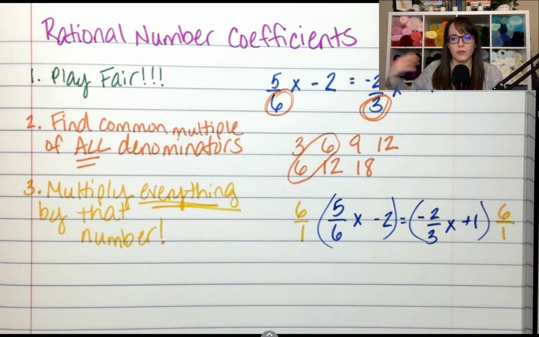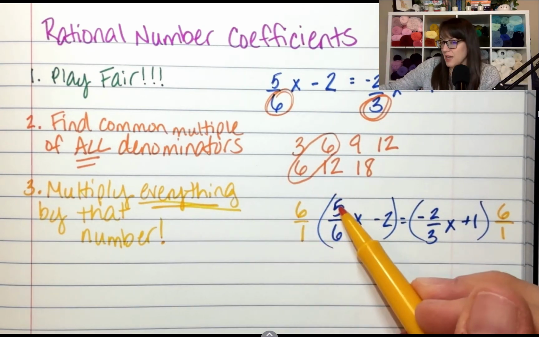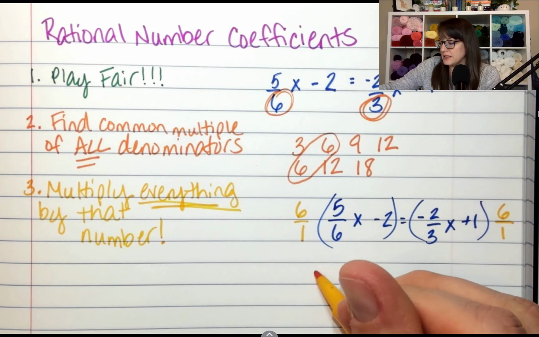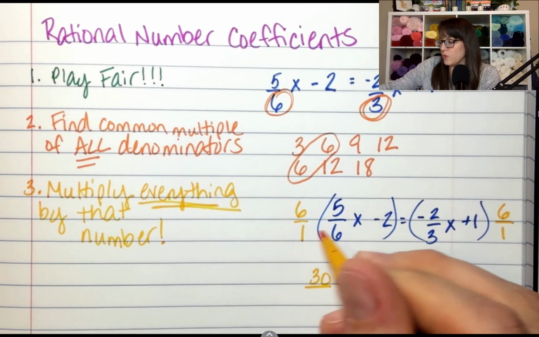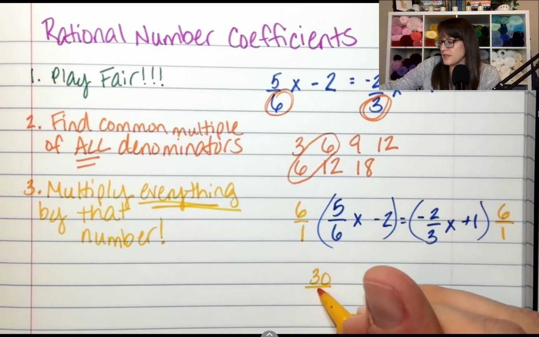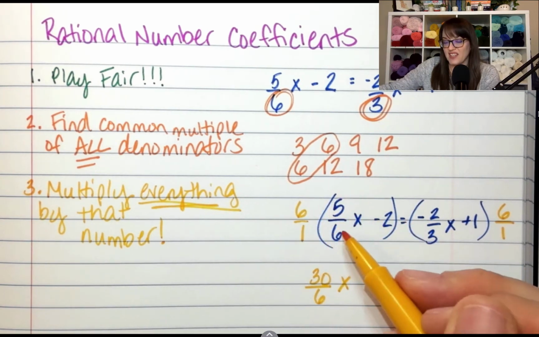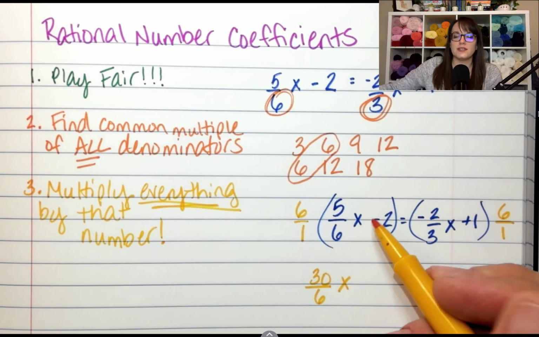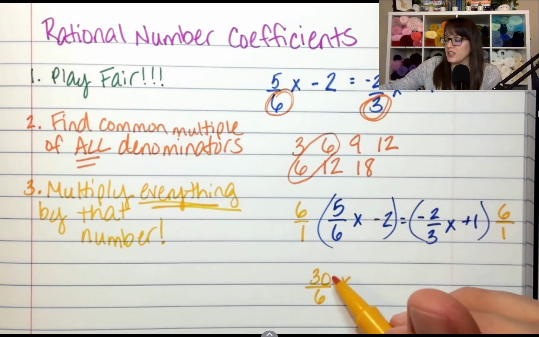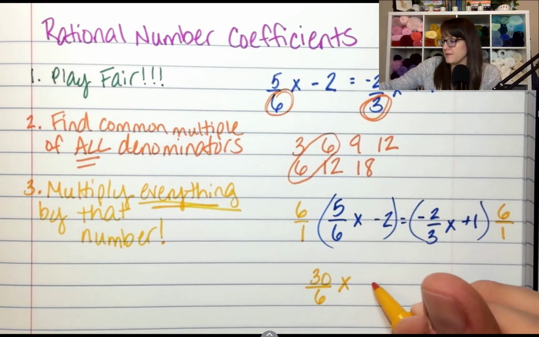So I'm going to distribute that inside the parentheses. All right, so I've got 6 times 5 is 30. 1 times 6, 6. And this was x. So 6 times 5 sixths x is 30 over 6x.